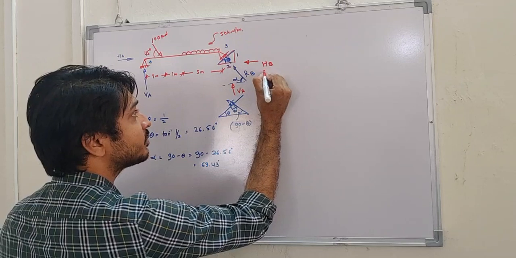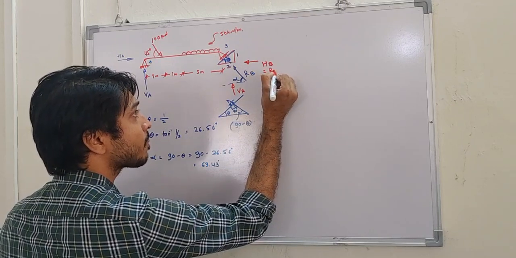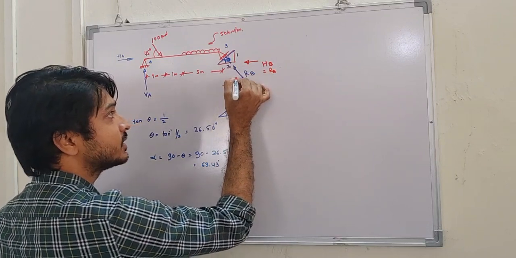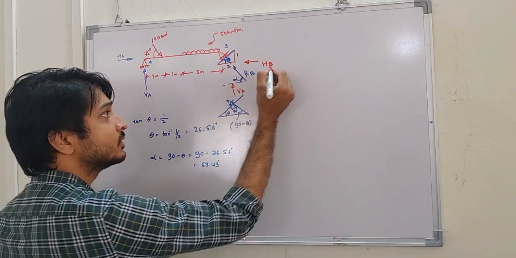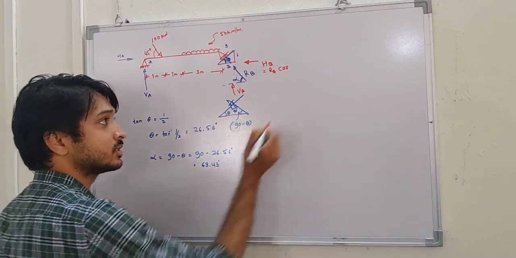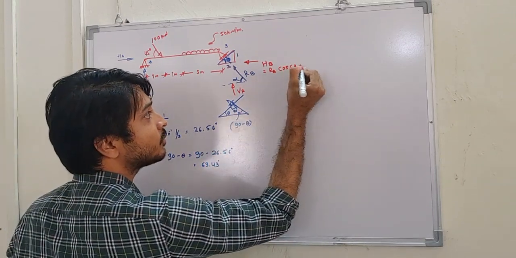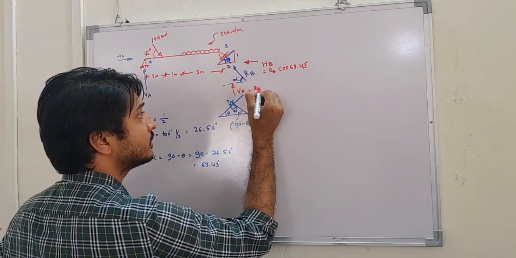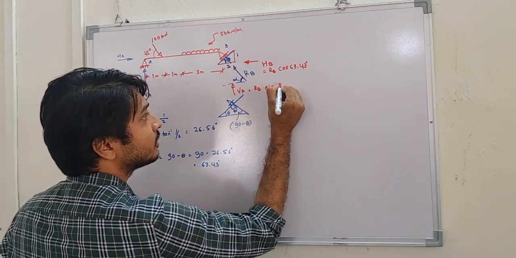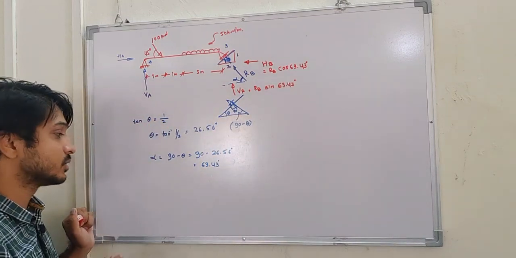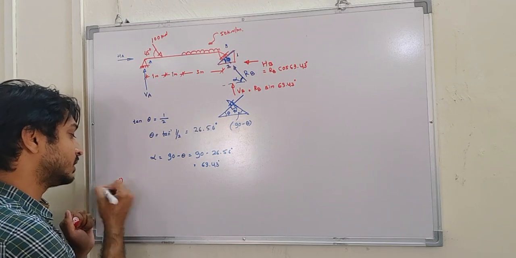So horizontal at B equals RB cos 63.43 degrees. Similarly, VB equals RB sine 63.43 degrees.